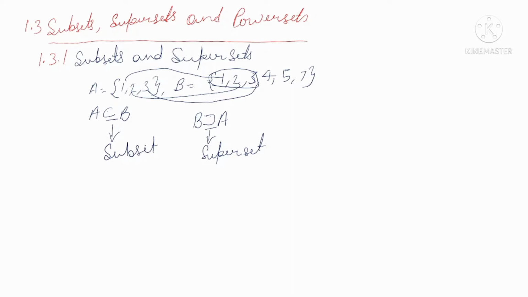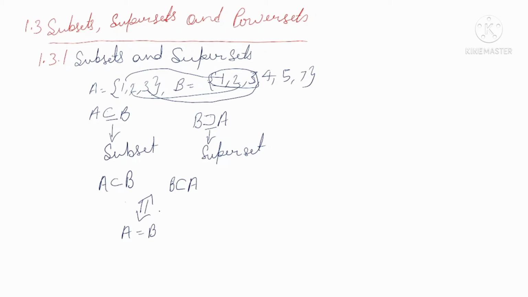And now you can say, if every element of A is in B and every element of B is in A also, then we can conclude here that A equals B.